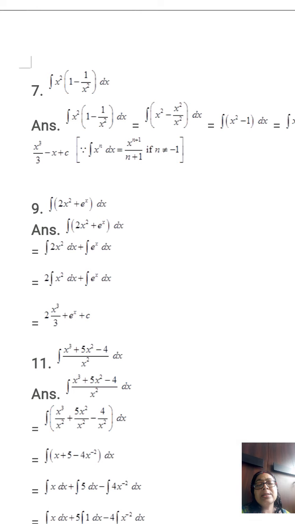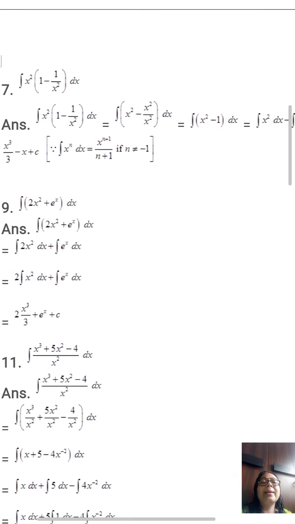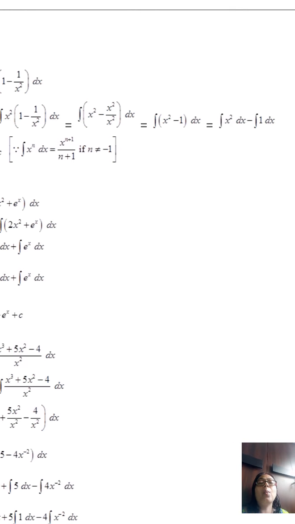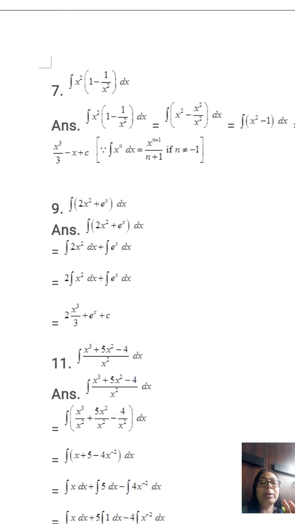So now just break it: integration of x square dx minus integration of 1 dx. So for integration of x square, this is the formula we have to use: integration of x to the power n is x to the power n plus 1 by n plus 1. So the answer will come x cube by 3 minus x plus c.